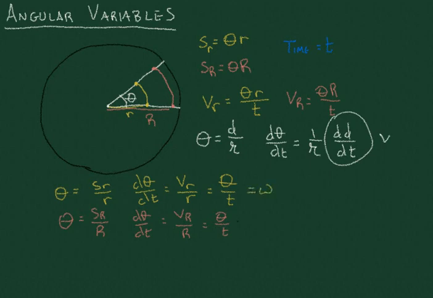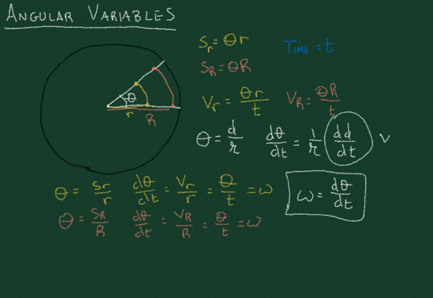So we define this quantity omega, where omega is equal to d theta dt. And omega we call the angular velocity. And you can see why, because this is the rate that the angle is changing. And for a rotating object, this makes more sense, because we can say that an object is traveling with a certain number of degrees or radians per second.